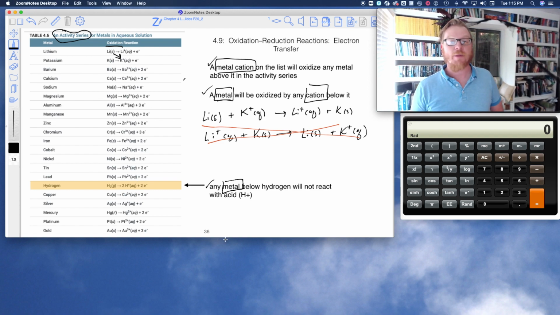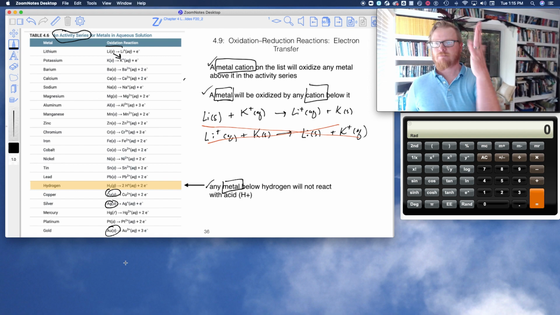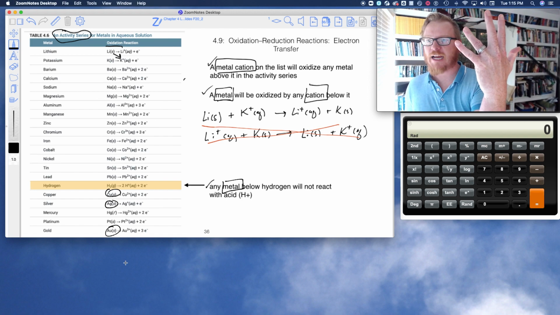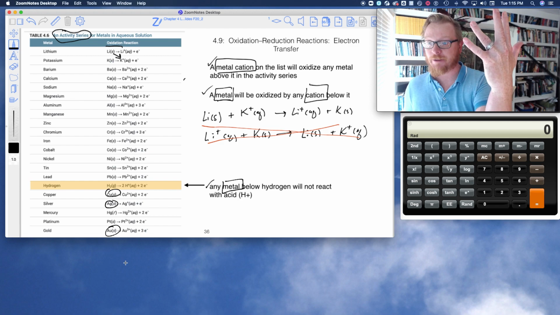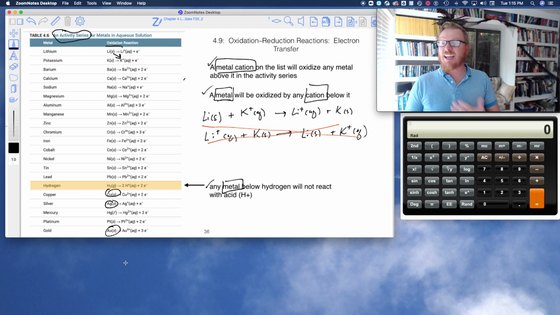So apologies for that. But another cool observation: look at silver, copper, and gold. My wedding ring has silver in it, and copper. It's actually a copper-silver alloy. I wish I had a big bucket of acid right now.